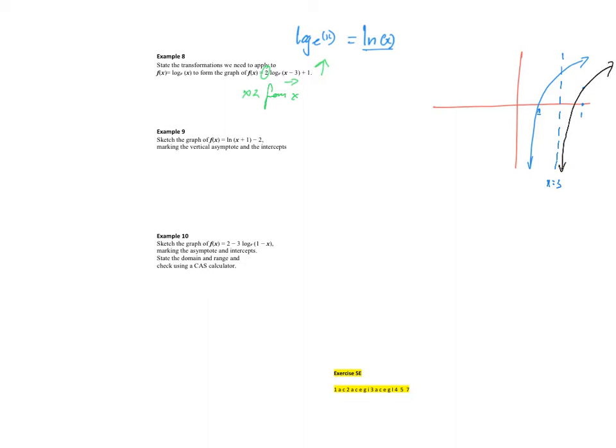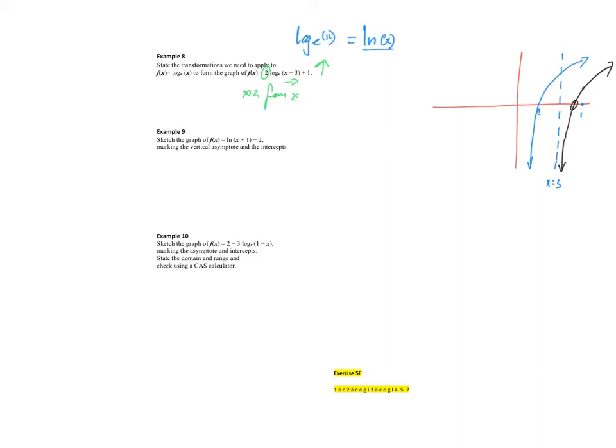We need to find an intercept. So I've just read the question, boys, and it seems we don't have to sketch it, but it's good practice to sketch the graph. We just need to state the transformations. So we've identified the transformations.